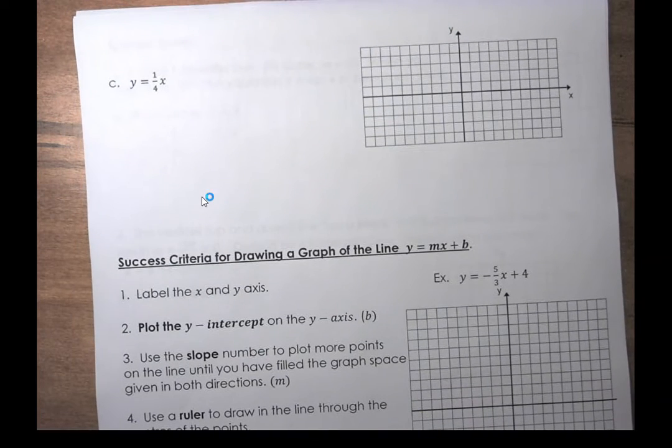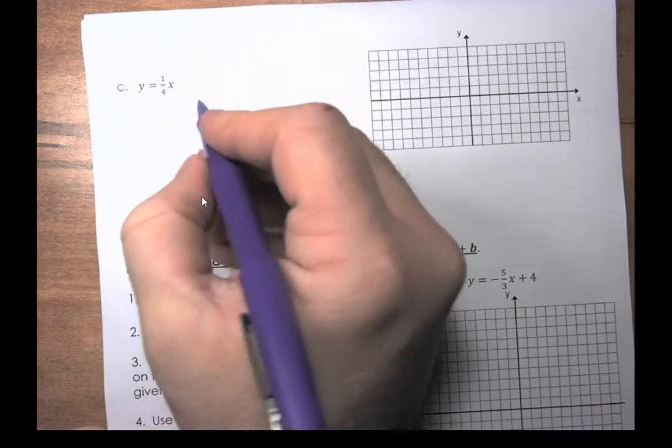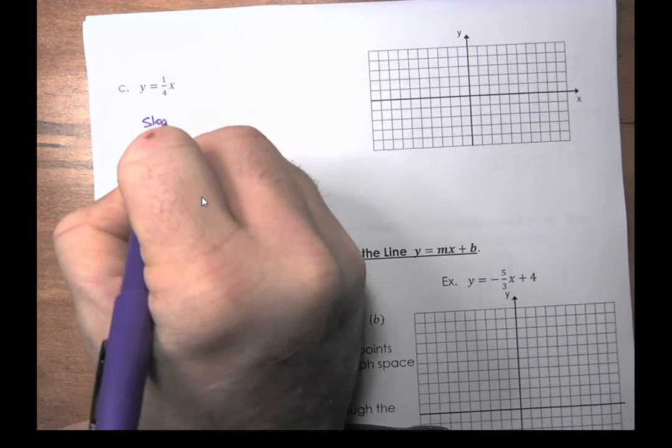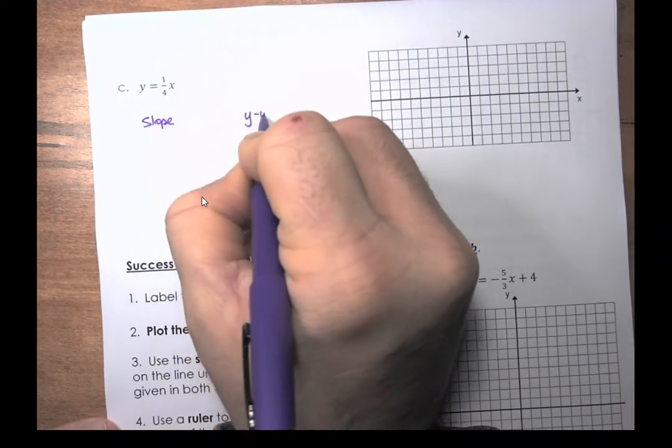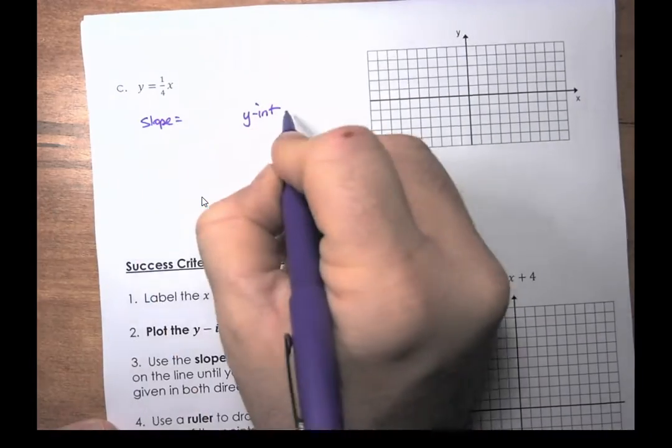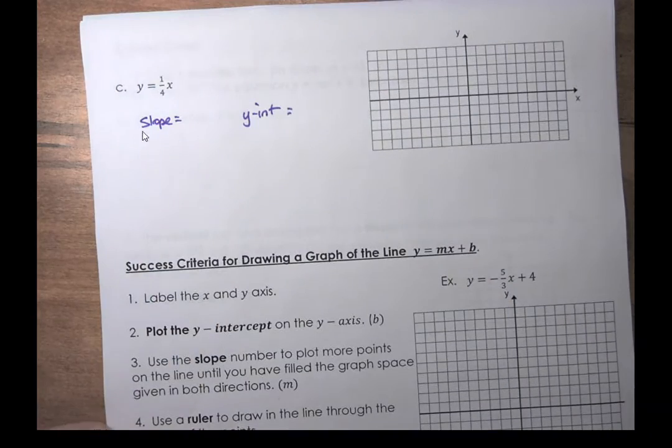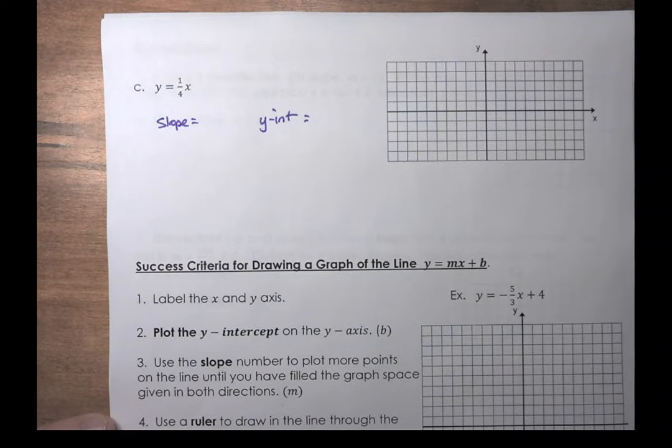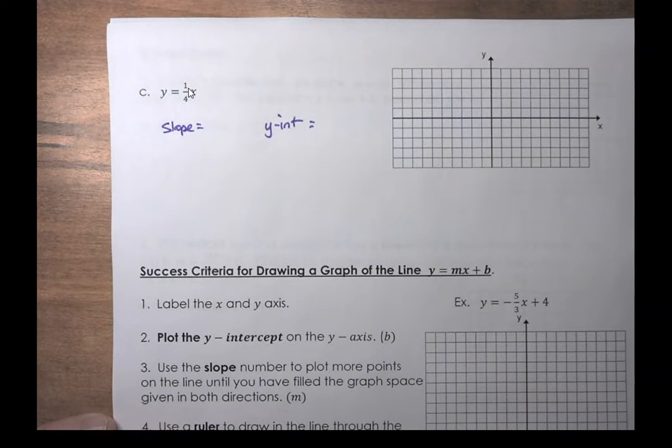All right. Well, last little example here. Take 30 seconds. Hit pause. Tell me what your slope and y-intercept is for this equation of y equals 1/4 x. Hit pause, give it a try.